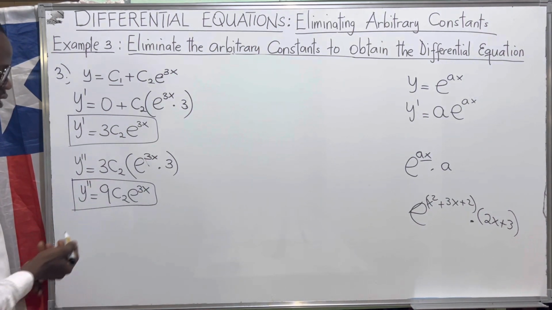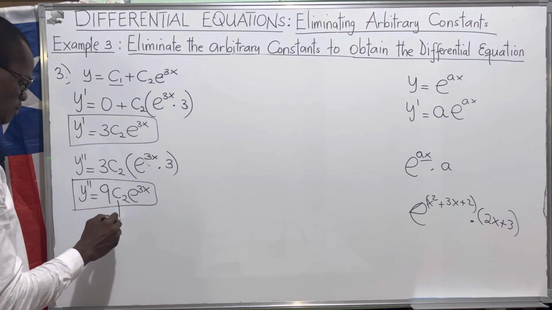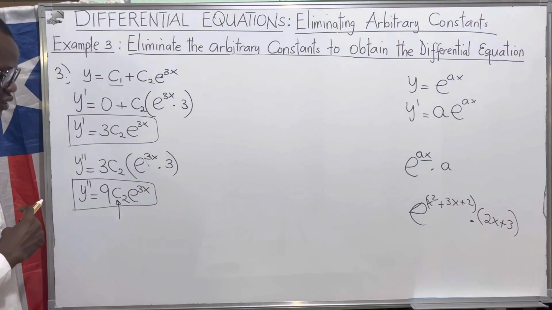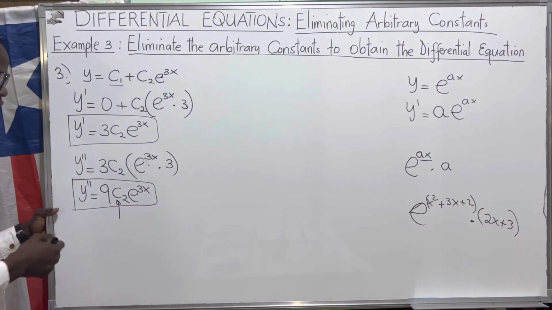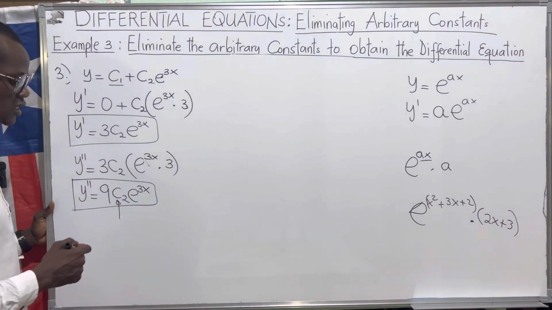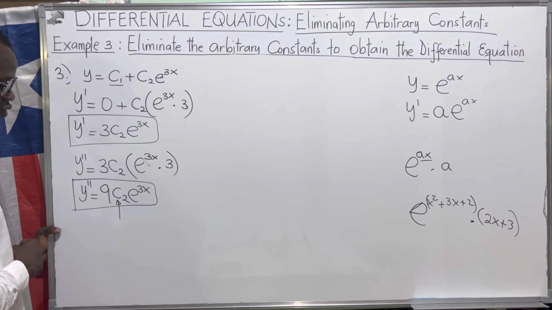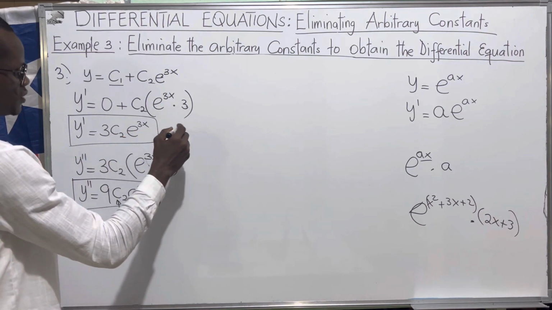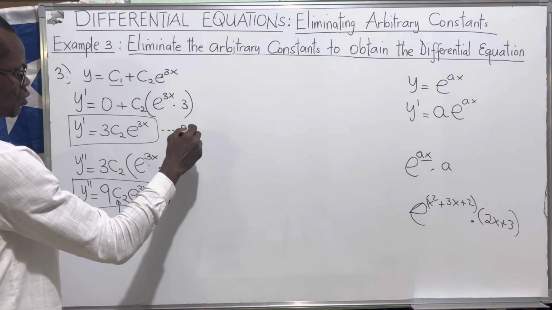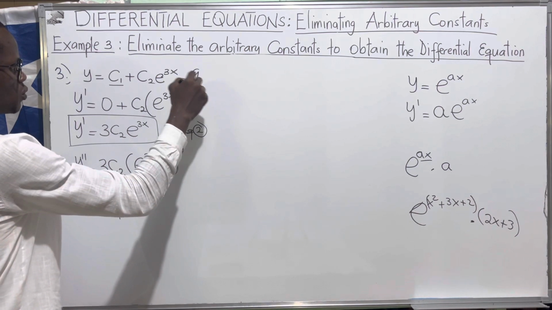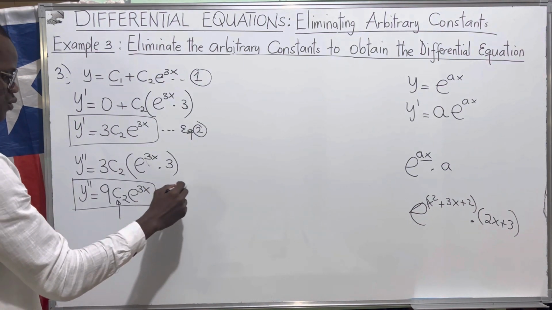Now, we could call this our differential equation, but remember, we do not need any arbitrary constant in our final answer. So we must solve for this arbitrary constant c2. We call this equation 2, we can call this equation 1 and equation 3.